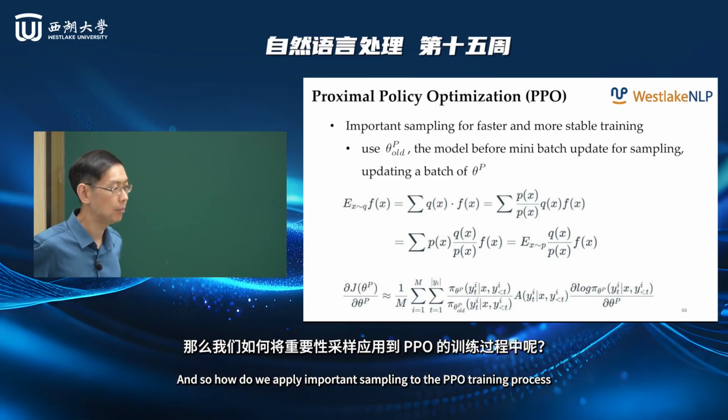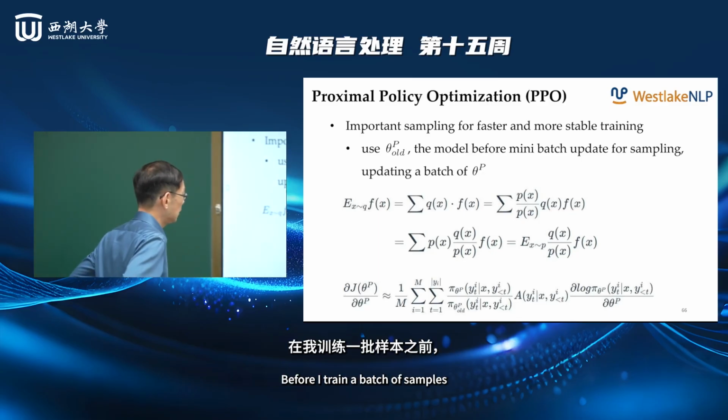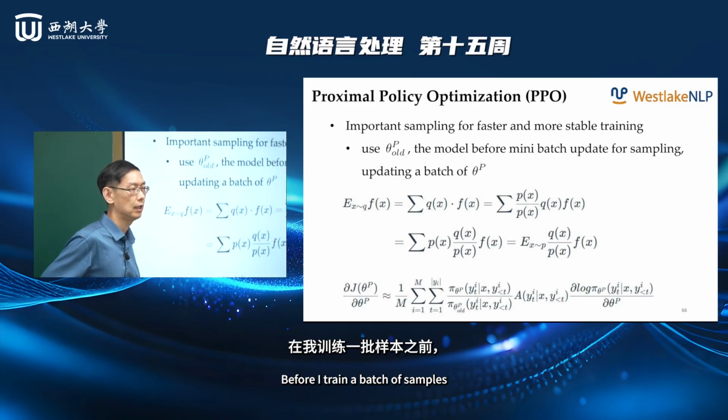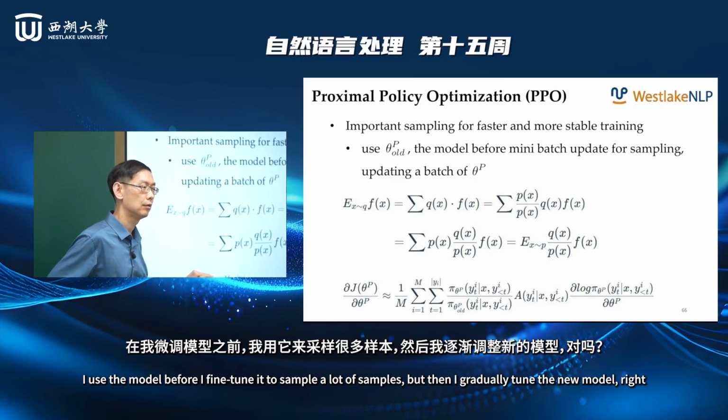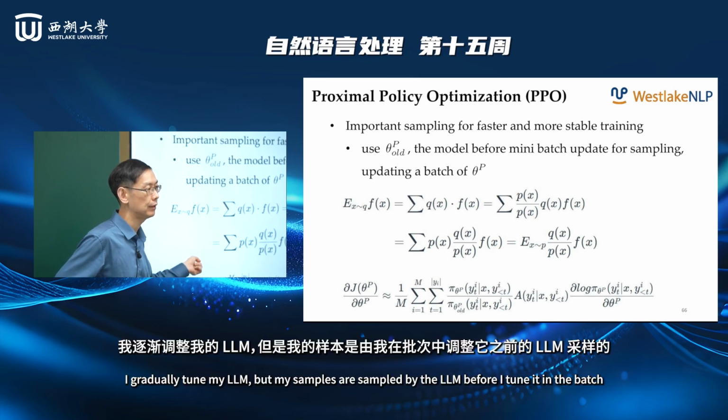So how do we apply importance sampling to the PPO training process? Before I train on a batch of samples, I use the model before I fine-tune it to sample a lot of samples. But then I gradually tune the new model, I gradually tune my LLM.